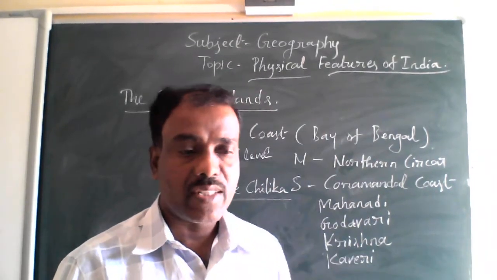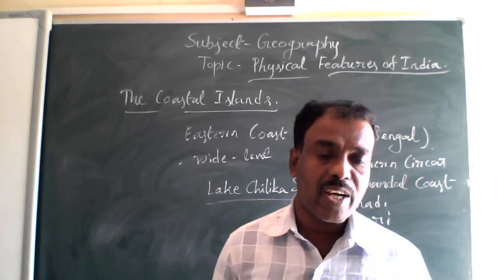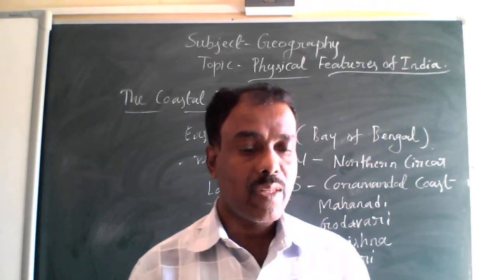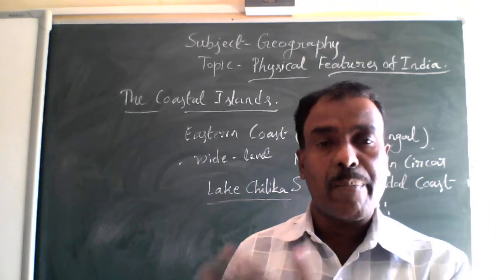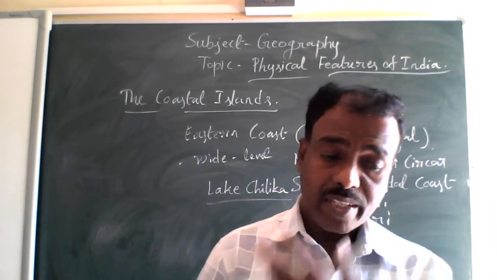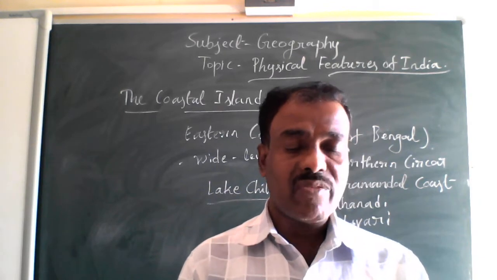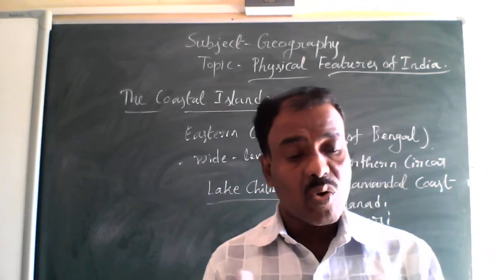Got it, dear students? So the peninsular plateau is flanked by narrow coastal strips running along the Arabian Sea on the west and the Bay of Bengal in the east. The western coast is sandwiched between the Western Ghats and the Arabian Sea, and it is a narrow plain.